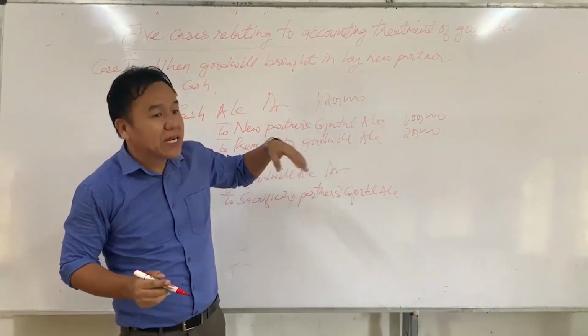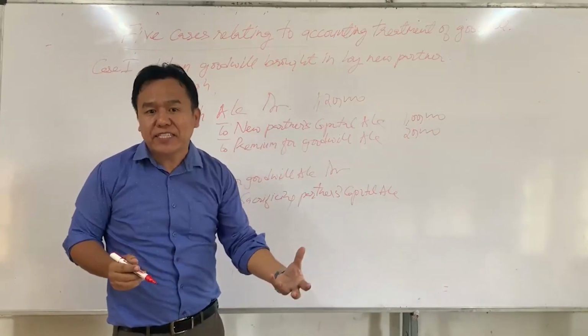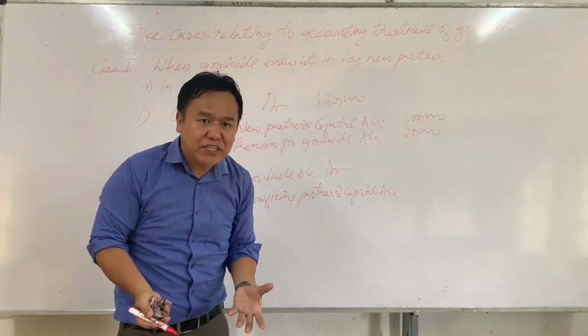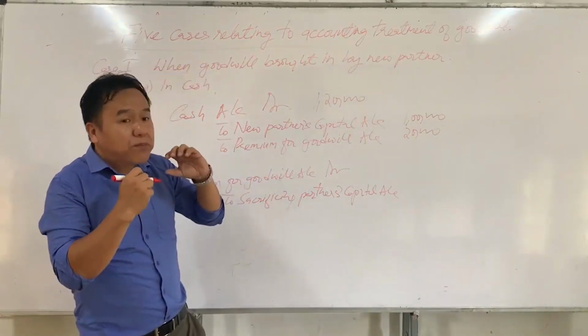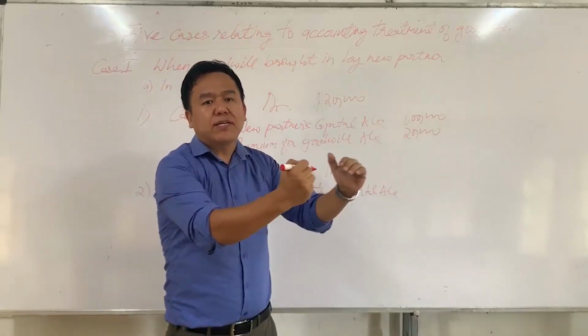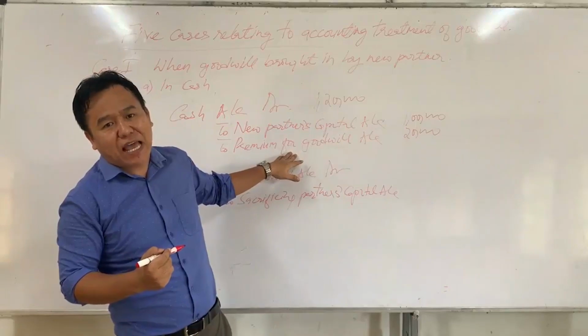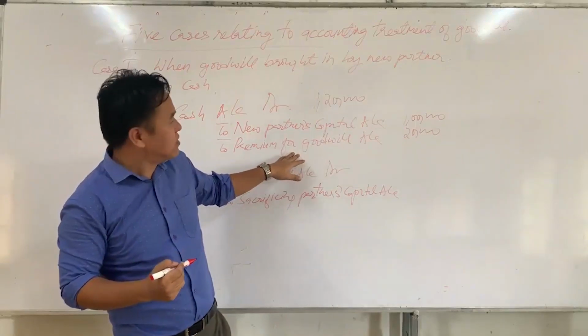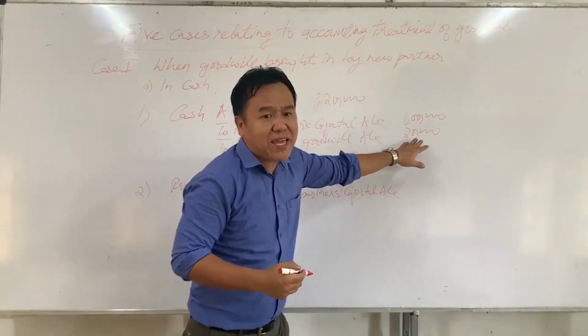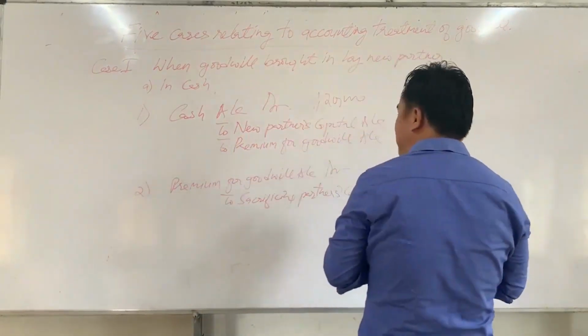It is to be transferred to sacrificing partners in their sacrificing ratio, which means premium amount is payable to sacrificing partners. Therefore, it should be treated as liability. If liability increases, then premium for goodwill account should be credited. Is that clear for you?